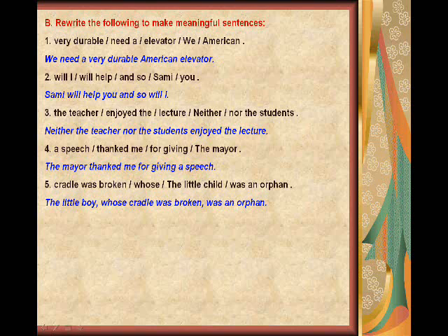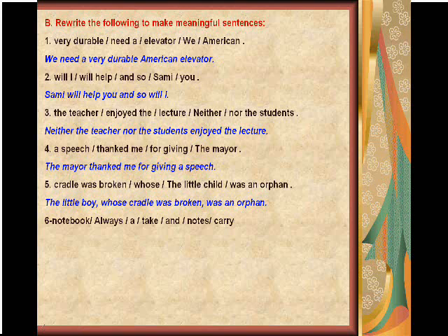And be careful, when we have "whose" here, we try to put commas. Okay, so the little boy, comma, whose cradle was broken, comma, was an orphan. I am using here "whose". This is a relative pronoun. Okay, so it will be the little boy or the little child whose cradle was broken was an orphan.